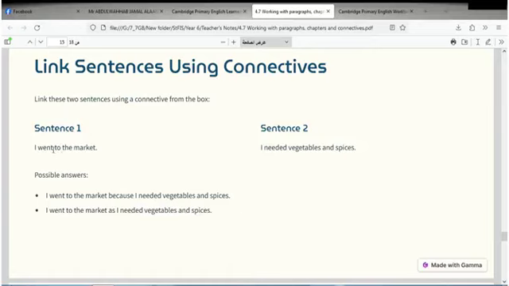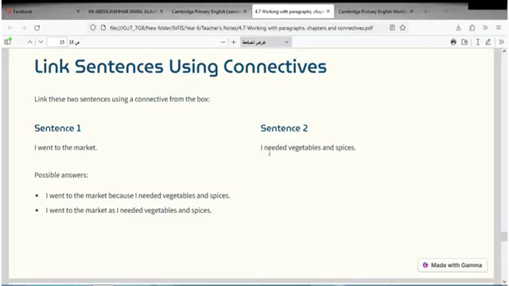I have two sentences. I went to the market. I needed vegetables and spices. I want to connect both of them. I have two ideas or two answers. Number one, I can put the connective in the middle. I went to the market because I needed vegetables and spices. I went to the market as I needed vegetables and spices.